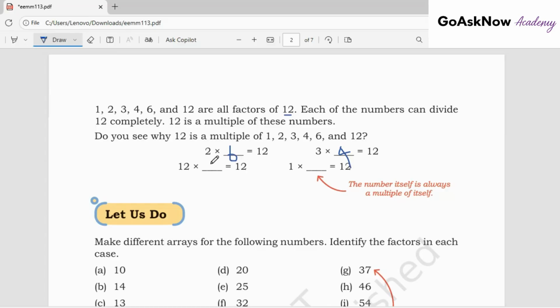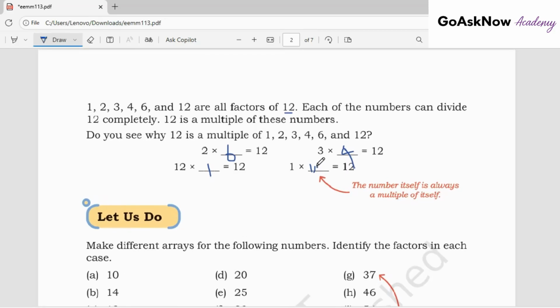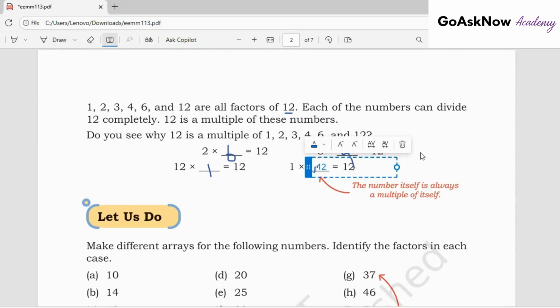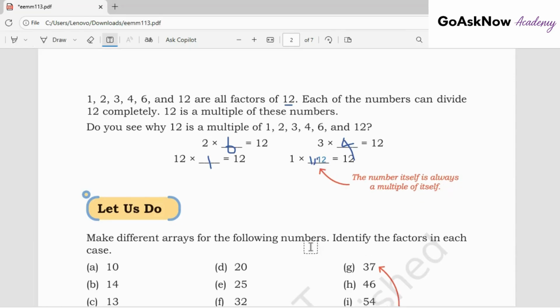Next, 12 into 1 gives 12, and 1 into 12 gives 12. Here the answer is 12, the number itself, which is always a multiple of itself.